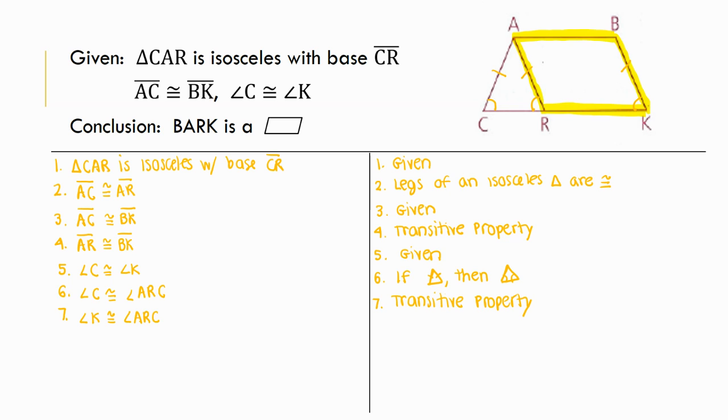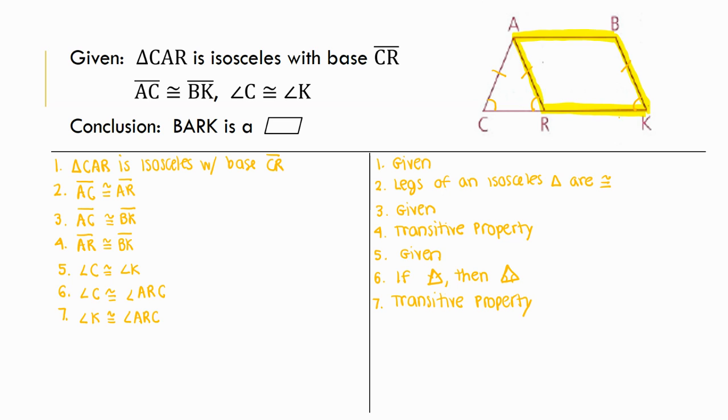Okay, so how is that information going to help me with proving that we have a parallelogram? So I know that because I have one set of opposite sides to be congruent, it's that I either want the other set of sides to be congruent or I want AR and BK to be parallel. And so because I can't really do anything to get the other sets of sides congruent, we do want to focus on the idea of parallel. And remember, you get parallel lines because you have different angles congruent to each other. And so specifically, the angle K and the angle ARC, those are a particular type of angle.